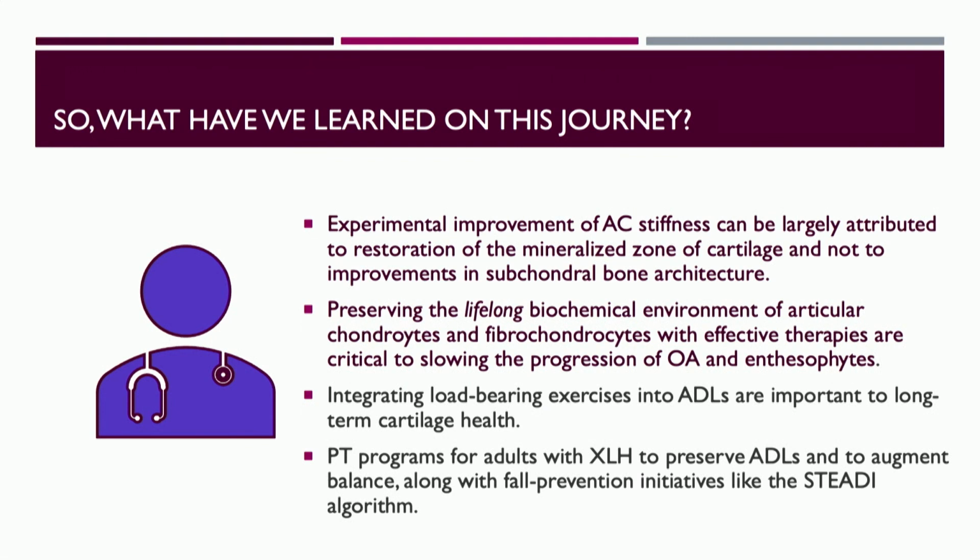And again, implementing adult programs with XLH to preserve ADLs, augmented with things like fall prevention strategies. I also want to mention that these findings in the cartilage challenge the paradigm that it's misalignment alone that causes degenerative arthritis in these patients, that it could also be a component of the loss of the mineralized zone of the normal structure of cartilages.